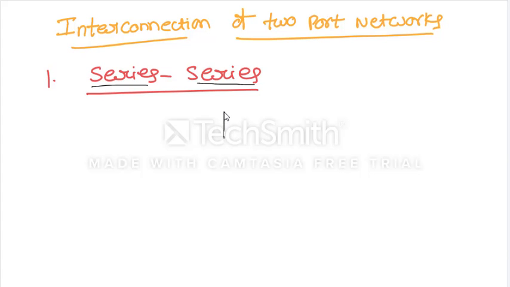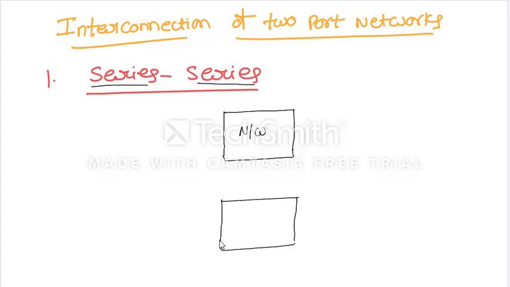Consider I have two networks like this. This is my network 1 and this is the second network, and this is the other network here.